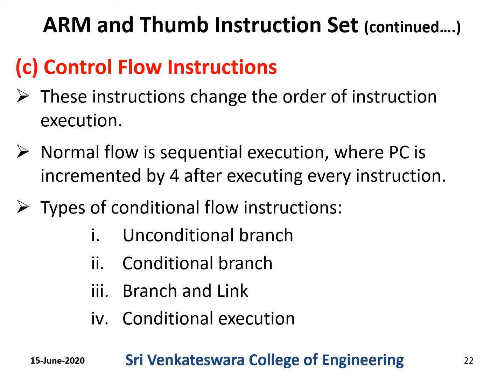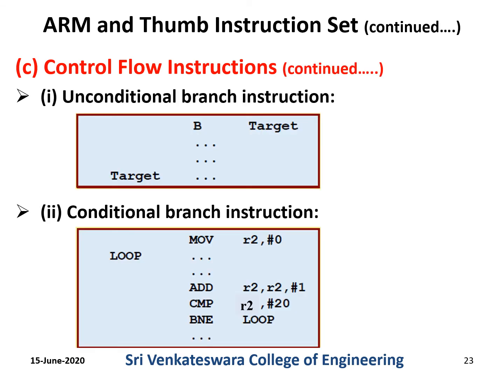So there are 4 types of control flow instructions: unconditional branch, conditional branch, branch and link, and conditional execution. Here examples for control flow instructions are shown. The first one is for unconditional branch instruction. B is the instruction. B is an unconditional branch instruction. The syntax is B followed by the label.